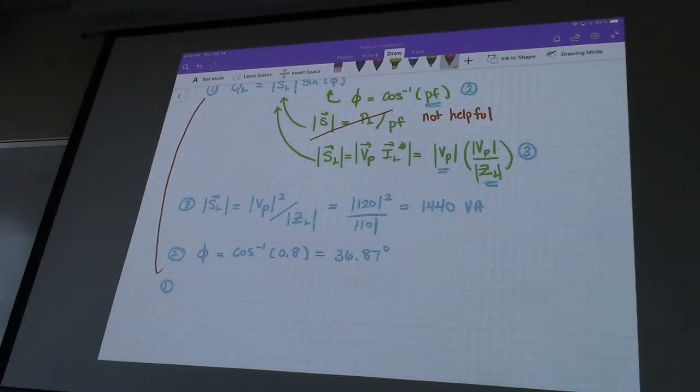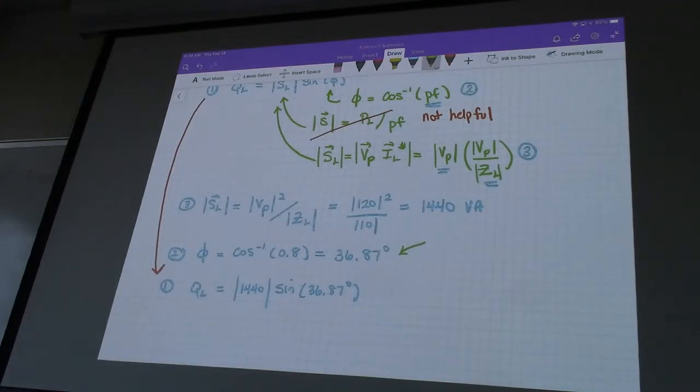Bringing that down. And so we know that QL will be equal to 1440 sine of 36.87 degrees. One thing that we can't ignore here is the sign of this angle.